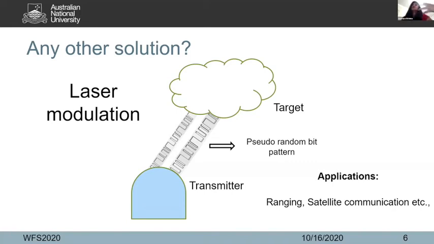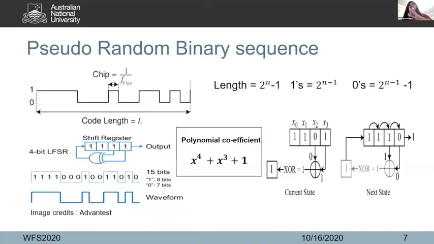Let's see what this pseudo random bit is all about. It is basically a deterministic periodic signal where bits are random, but the signal repeats itself after some time.